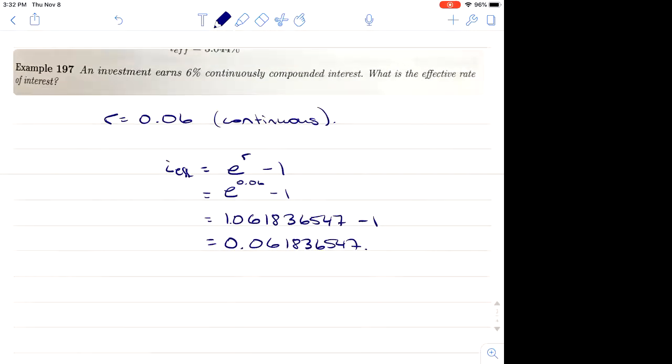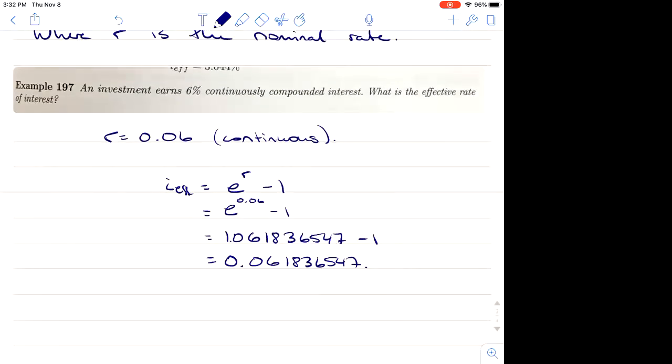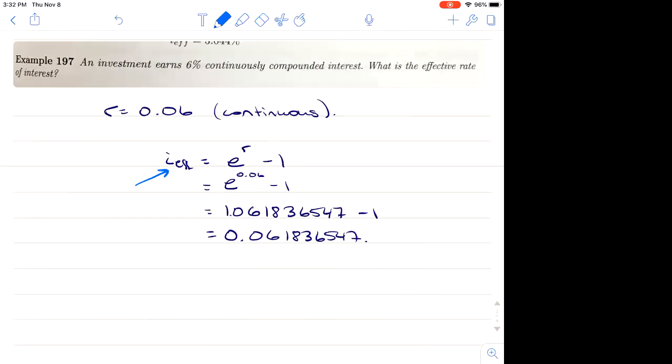Because it's asking for the effective rate, this is just by definition annual compounding for the effective rate.